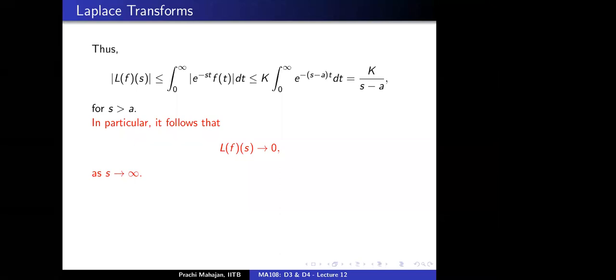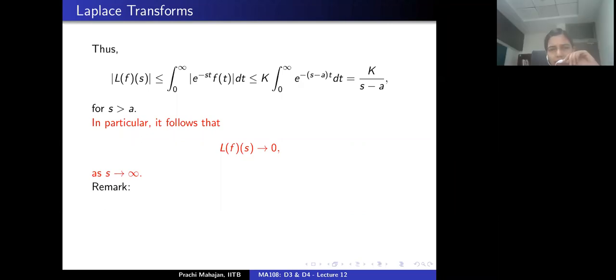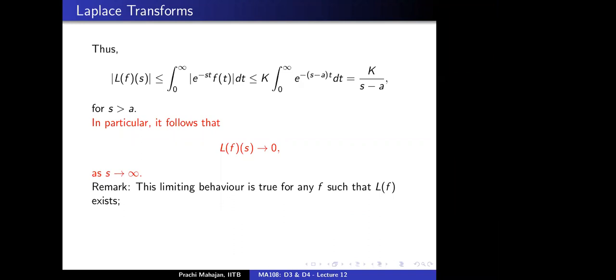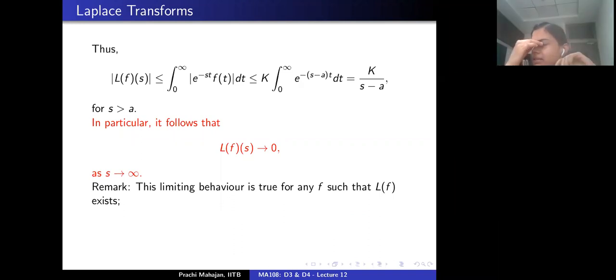Yes. Now, one thing to be noted here is the following. What is it that we proved? We proved that if little f is piecewise continuous on the interval 0 to alpha for every alpha positive and of exponential order, then the Laplace transform of the function little f has this limiting behavior. This is a little more general statement.